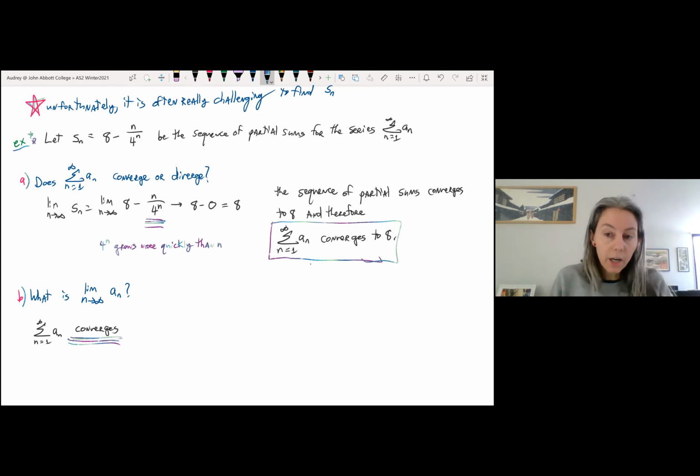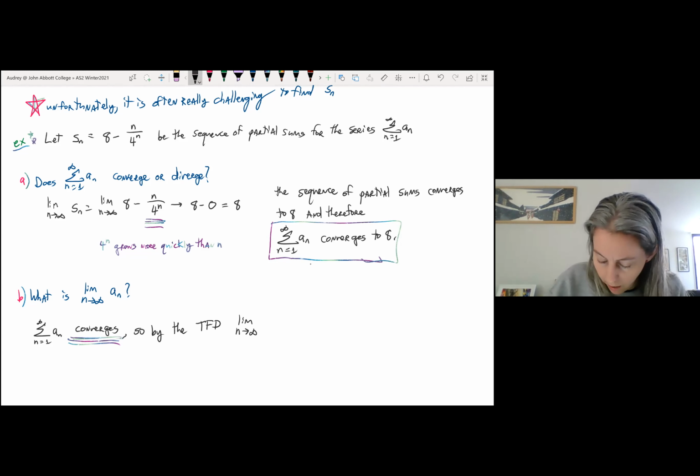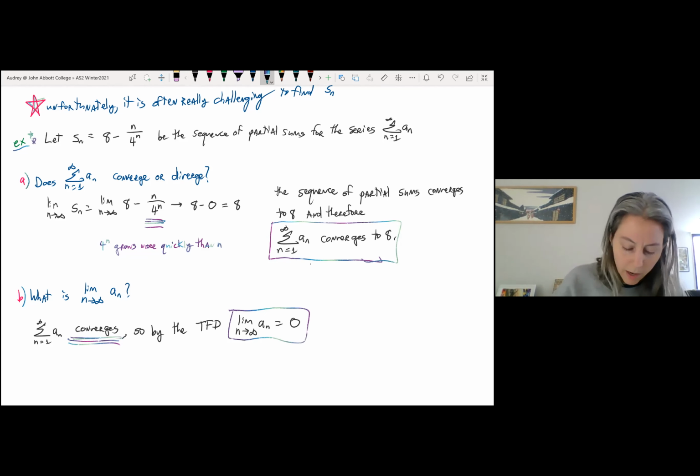So here it converges, which means that by the test for divergence, that limit would have to be 0. If it diverges, then we just genuinely have no clue what that limit is. So by the test for divergence, the limit as n approaches infinity of a sub n is equal to 0.